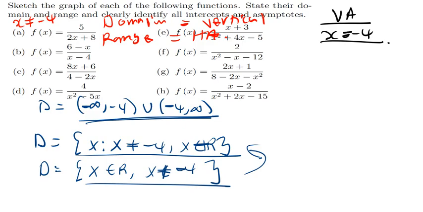The other one, the vertical asymptote will be x is equal to -5 and x is equal to 4, or x is equal to 1. The ones where we said not equal to, when we're talking about the asymptote now, you just say equal to. Who is confused?